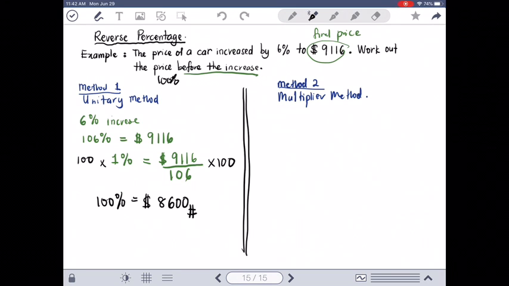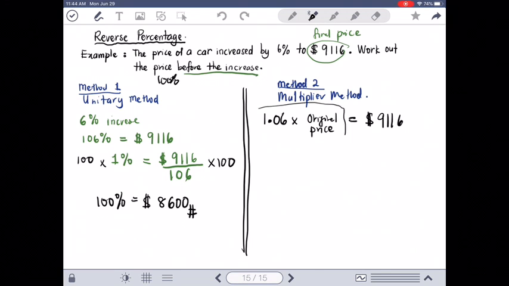Now let's have a look at the multiplier method. If you look at the multiplier method, we know that 106% means there's an increment of 6%. The corresponding multiplier is 1.06 times the original price, we'll get $9,116.